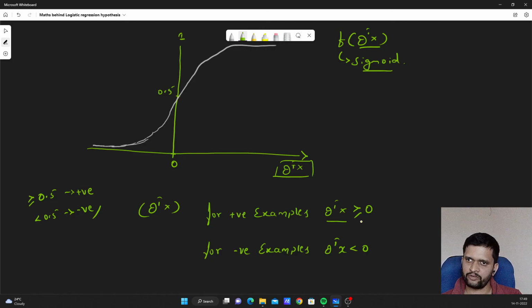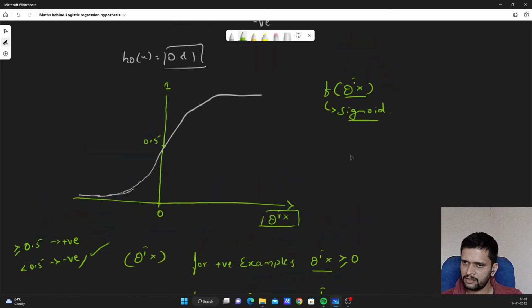If it is less than 0.5, we treat it as belonging to negative class or class 0. So in order for us to classify the negative examples correctly, we need theta transpose x to be less than 0, so that the output of the sigmoid will be less than 0.5, and we can classify it as belonging to negative class, okay.